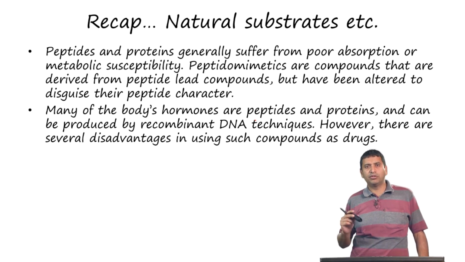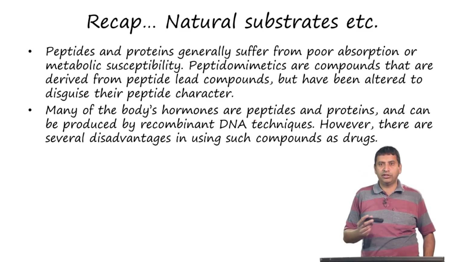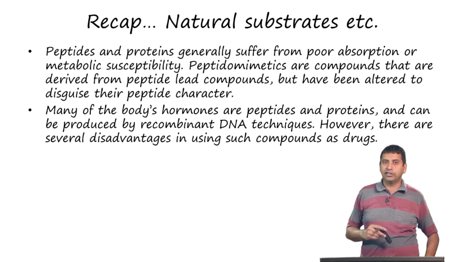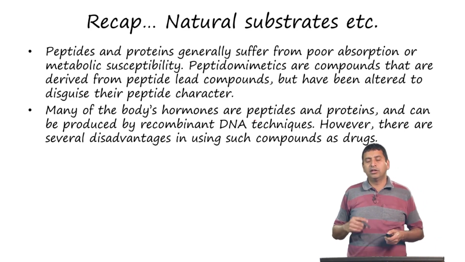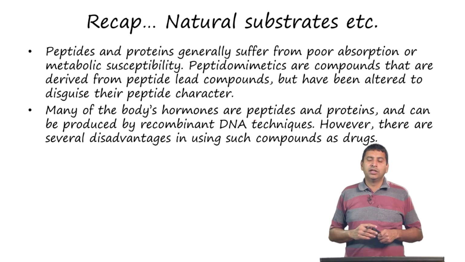And since many of the body's hormones are peptides or proteins, they can be produced by recombinant DNA techniques, because you can't possibly isolate large quantities of these from the bloodstream. And of course, because we are using recombinant DNA techniques, there are several disadvantages, because they can trigger an immune response.